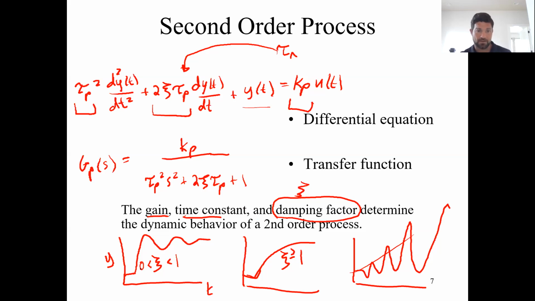So if zeta, the damping factor, is between 0 and 1, it's going to have oscillations that look like this. The closer zeta is to 0, the more it's going to look like this type of sustained oscillations. The closer zeta is to 1, the more it's going to look like this damped type process.